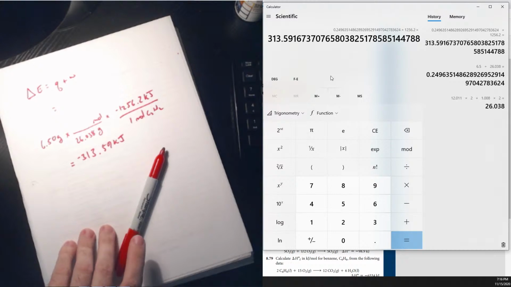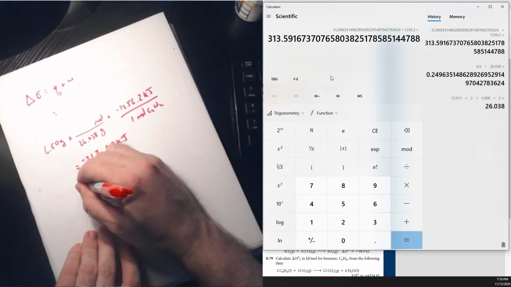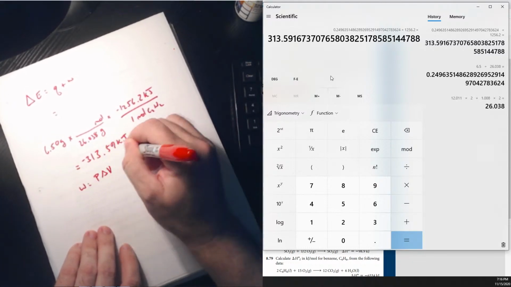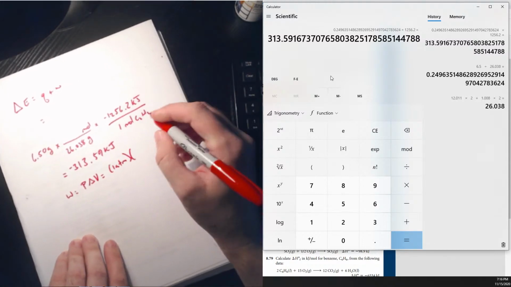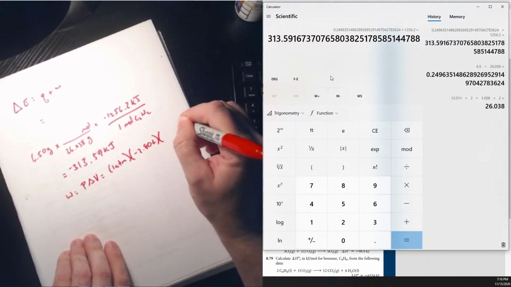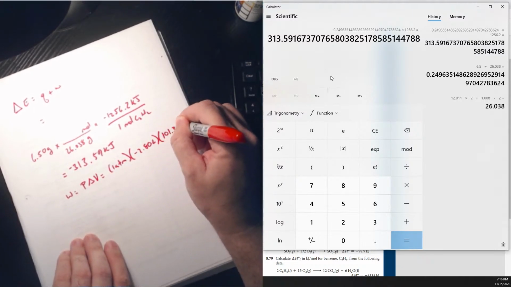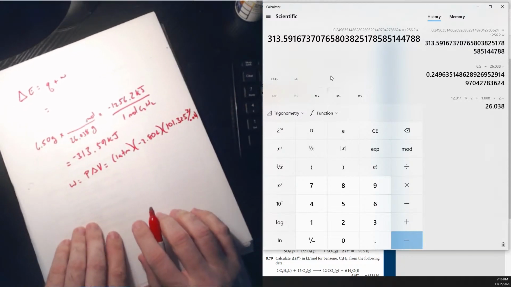Now W is PV, so it is atmospheric pressure, 1 atmosphere, and the volume change is negative 2.80 liters. So W equals P delta V: 1 atmosphere times negative 2.80 liters times 101.325 joules per liter atmosphere.